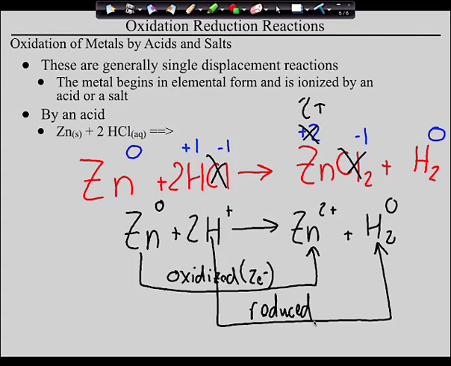Well, look. Each hydrogen gained how many electrons? 1. But how many hydrogens are there? 2, for a total of 2 electrons being captured. And guys, these numbers have got to match. The number of electrons lost has got to equal the number of electrons gained. You okay?